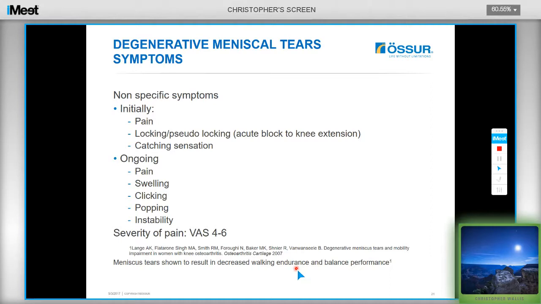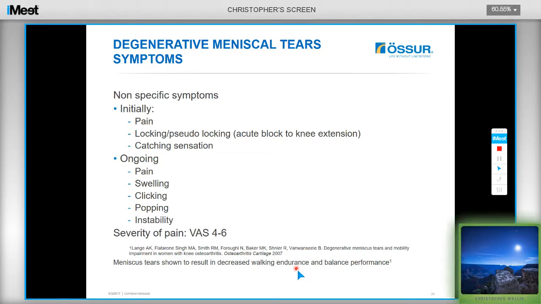They can have associated locking or pseudo-locking. So it's important to establish whether the reduced range of motion is actually because of the meniscus being caught between the femur and the tibia, or whether in fact it's from an effusion or that build-up of fluid within the joint because of inflammation, swelling, etc.